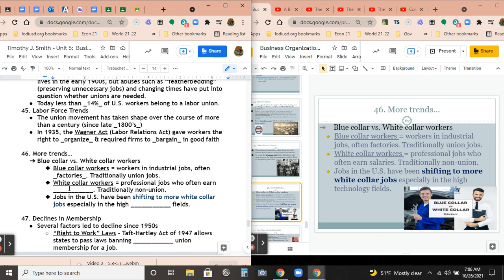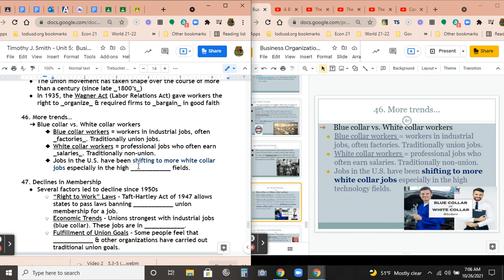Professional white-collar workers are professional jobs who often earn salaries, so you don't get paid by a clock. You get paid by the time you're in that position. They're traditionally non-union. Often they'll pay a little more than many blue-collar jobs, but not always. Jobs in the U.S. have been shifting a lot more to white-collar jobs. So the white-collar jobs tend to require a little bit more education.